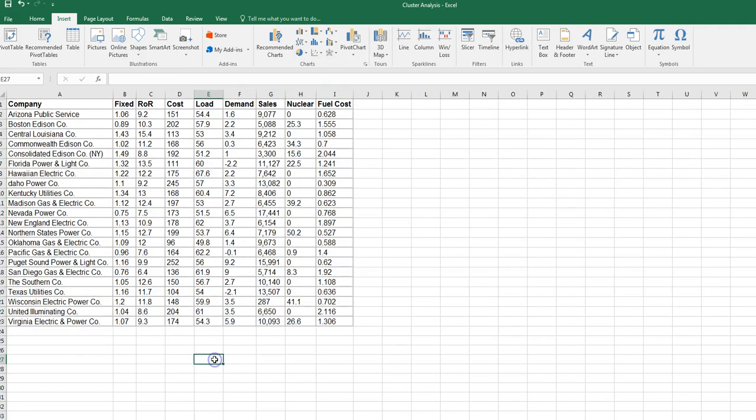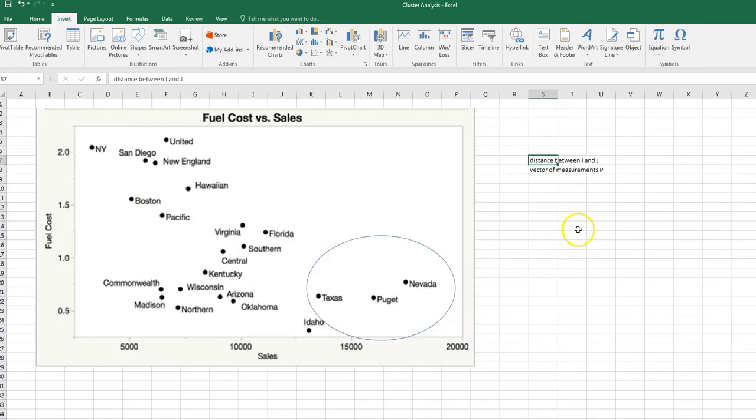In terms of this example, the vector p would be these 8 variables. So p is going to take the value of 8, and i could be Arizona, j could be Boston. So we want to find out the distance between Arizona Public Service and Boston Edison Company based on the set or the vector of these attributes or measurements.